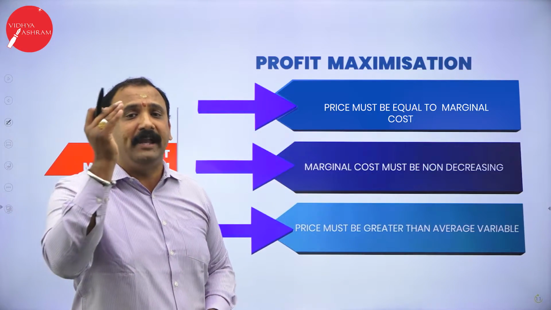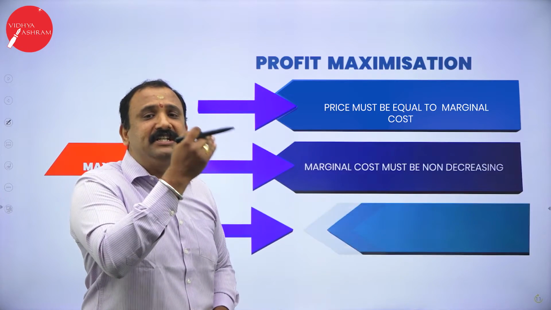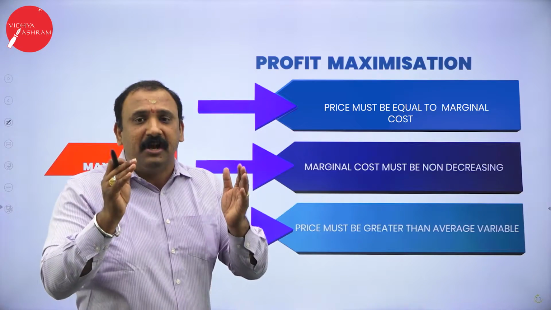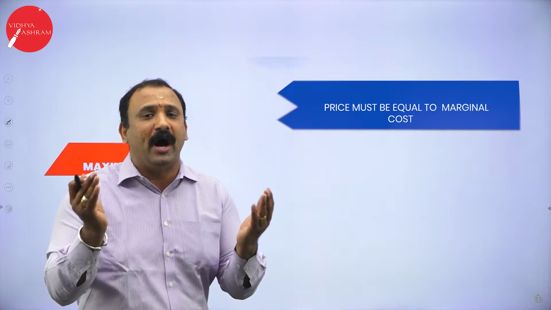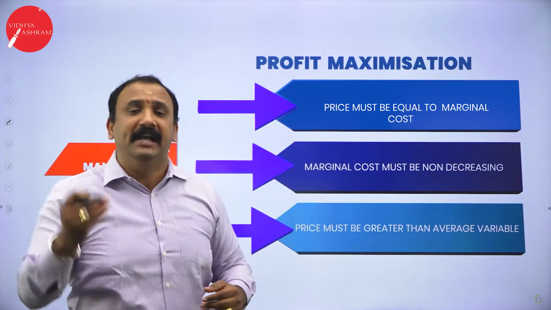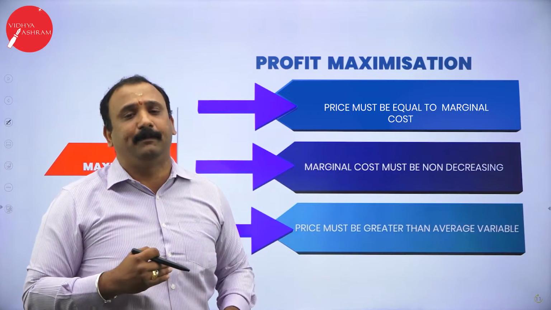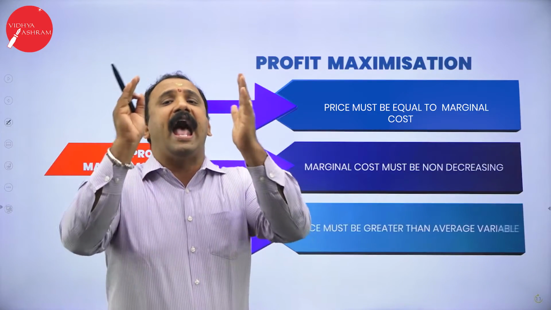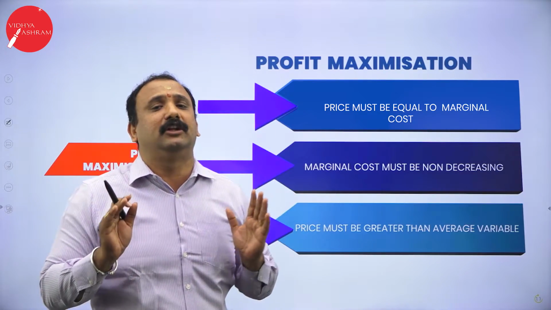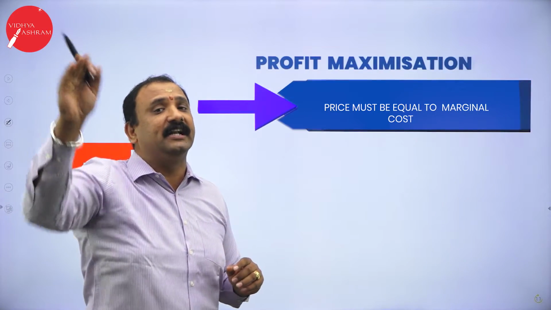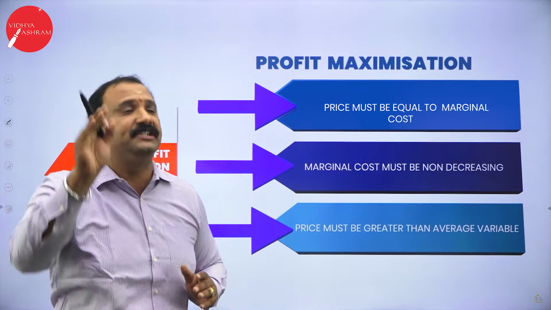The price should take the marginal factors inside and then go above it. So the first factor itself, you are figuring your marginal cost inside your MRP, your maximum retail price. Your price should include the marginal cost factor altogether. Only then, when you price it in the market, is the first level of profit attained.